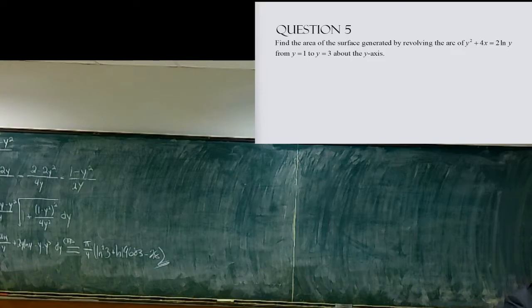At least arc length has fewer that you have to use Simpson's rule for. Surface area has a lot more. Which is why I can never write a textbook, because I could never find problems I can easily do by hand.